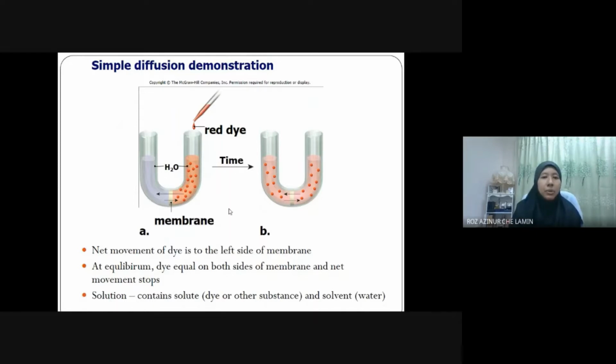At equilibrium, the dye is equal on both sides of the membrane and net movement stops. So both solutions contain the dye and also the solvent equally.